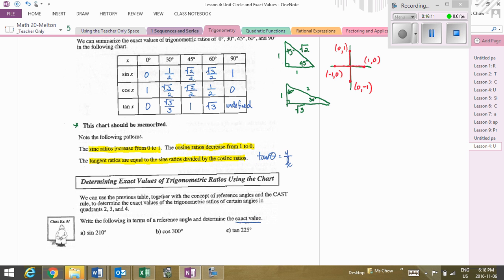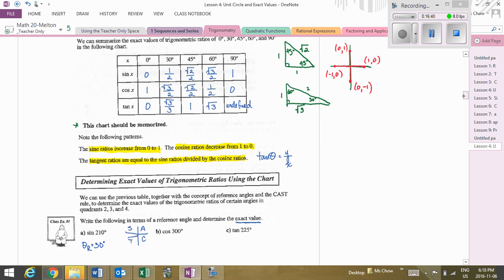So in terms of the reference angle, for sine of 210 degrees, we recognize that our reference angle is 30 degrees, and because 210 degrees is in our third quadrant, when we look at the CAST rule, then sine of 210 degrees is going to be a negative ratio.